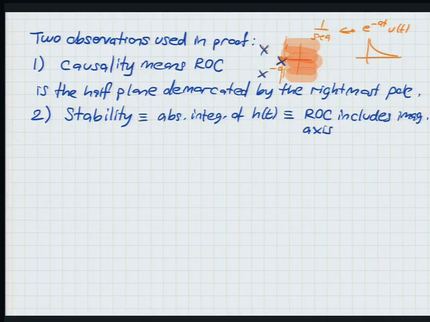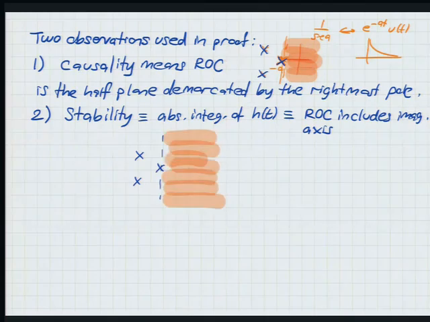All right? So if I put these two observations together, I reach the conclusion that I said for stability of a causal system. The first one, by causality, the region of convergence lies to the right of the rightmost pole. That's my ROC from 1. Okay? And 2 says the ROC includes the imaginary axis. So the imaginary axis has to be within the shaded region.